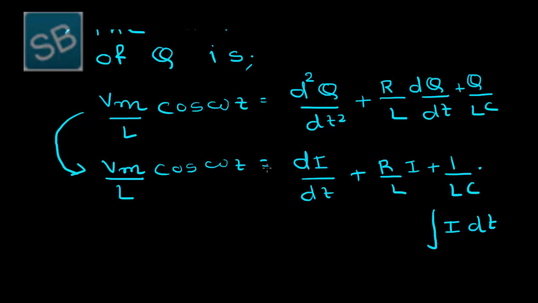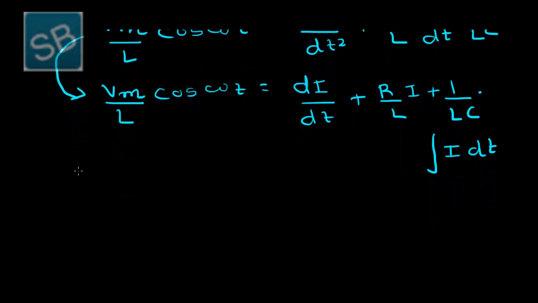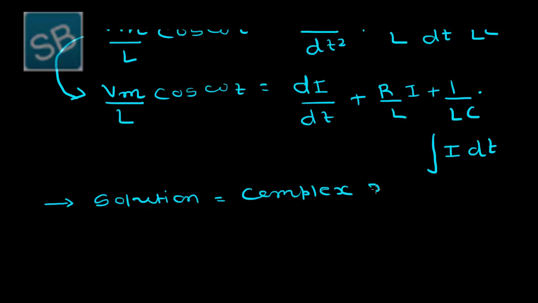The solution of this equation can be obtained by using complex numbers. Do you know what a complex number is? A complex number is the combination of one real number and one imaginary number. So here the solution is in terms of a complex number.